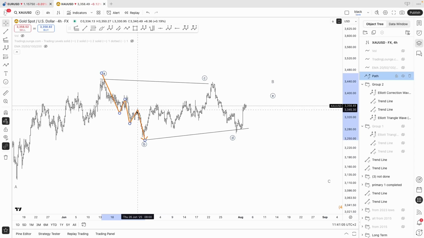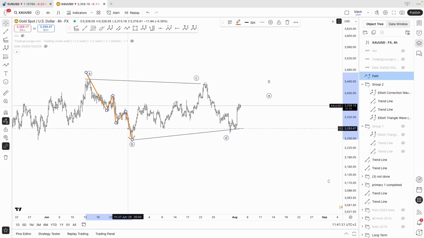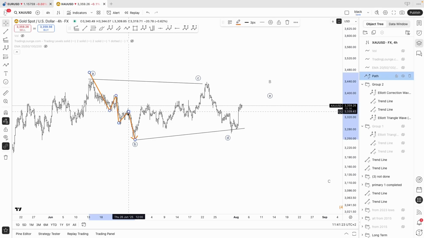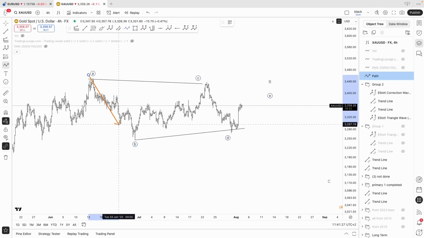Because here, if this is wave 4, it overlaps with wave 1. And not only that, but your theoretical wave 3 will also be the shortest. So you have 2 major wave count invalidations, 2 breaches of 2 of the 3 main Elliott wave rules. That means it's a 3-wave move. So this is most likely A, B, C.